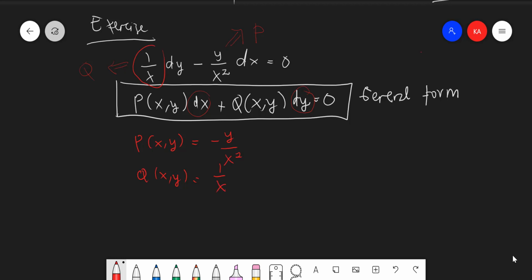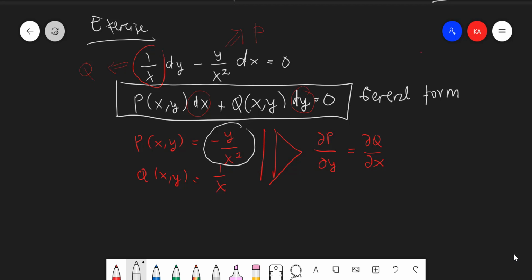And then we remember that to determine whether this equation is exact or not, we have to check dP/dy is equivalent to dQ/dx. So we make a partial differentiation of P(x, y) with respect to y.